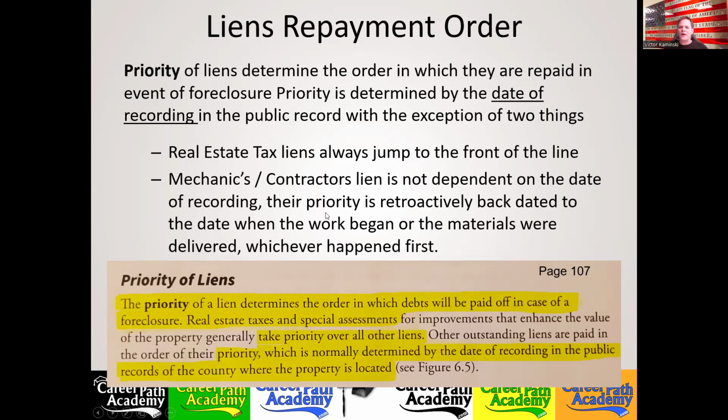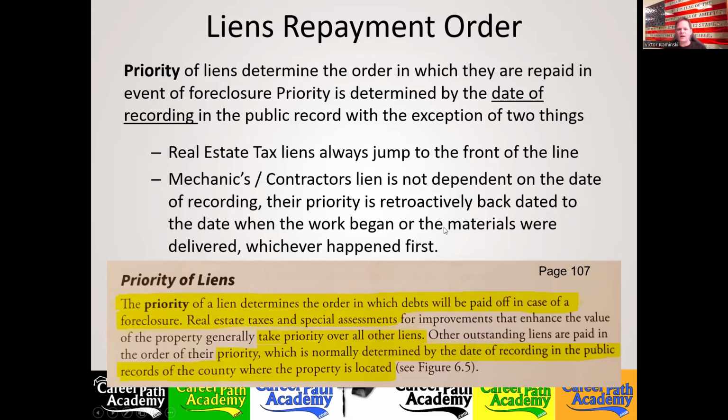These ones are retroactively backdated to the date that the materials were delivered or the work was performed or started, whichever happened first. So you could have several liens on a property, and then a contractor goes and records a mechanic's lien, and it jumps ahead of your lien.